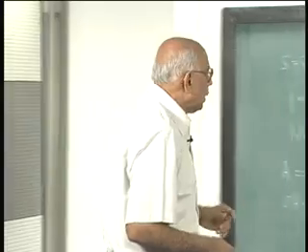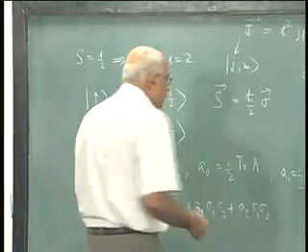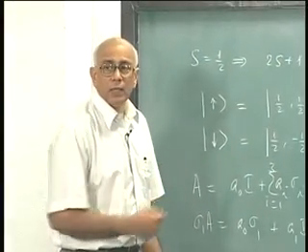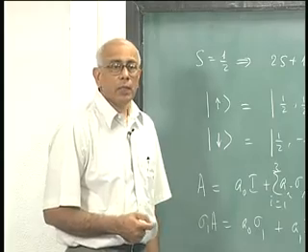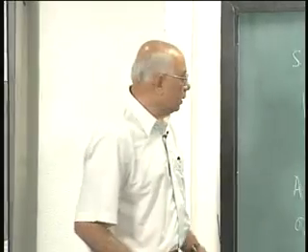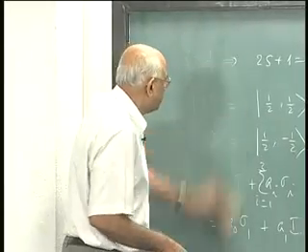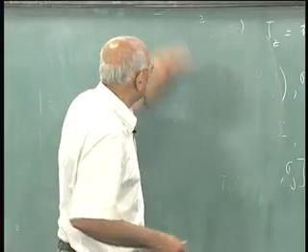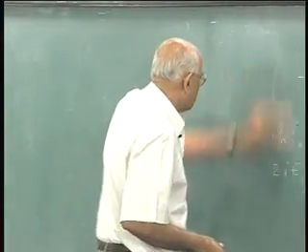Right now I would like to point out that the way you probe the spin of a single particle like an electron is by using a magnetic field, and the reason is as follows. We talked a little bit about this earlier, so let me continue on the same lines.